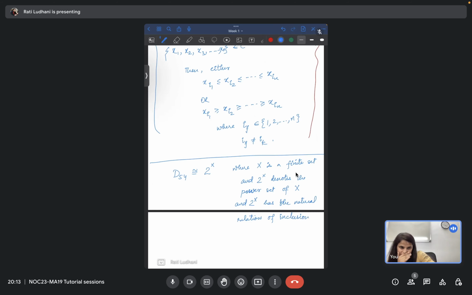So this is the poset which has the natural relation of inclusion. So the question is asking, can you have such kind of isomorphism with some power set?